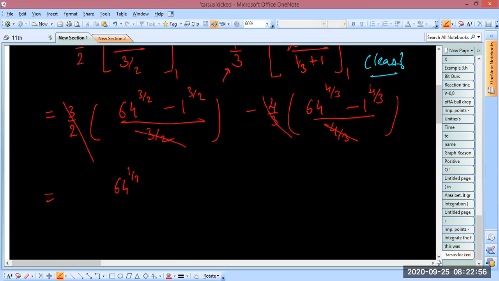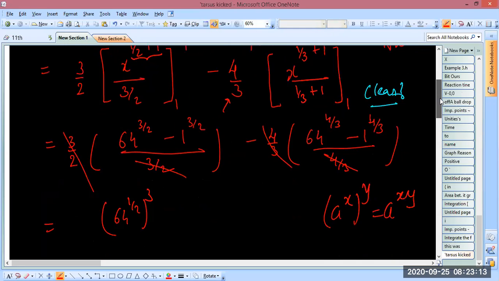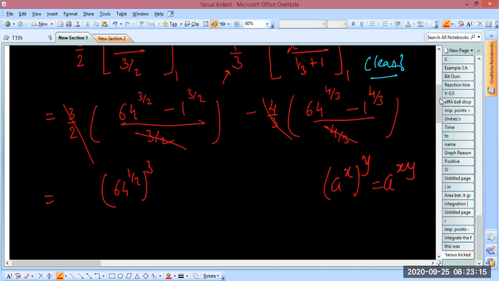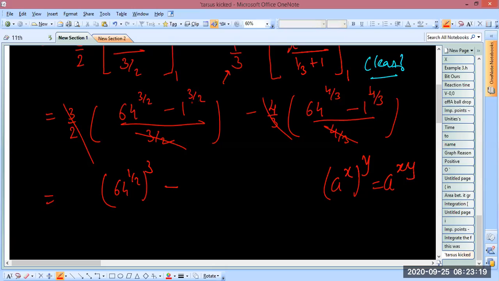First you do raised to half and then you do a cube, right? You may have studied a property like this in your 9th standard. 1 by 2 plus 1 is 3 by 2. Okay, minus 1 raised to anything like this is 1.